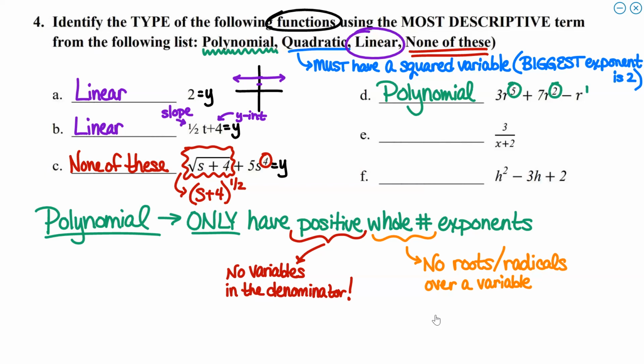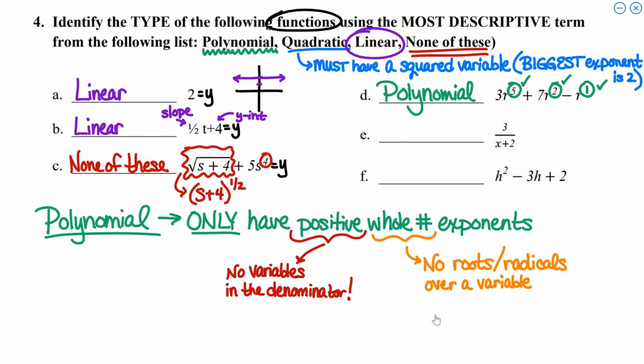Even this r on the end, technically it has an exponent of 1, even though I don't see it there. So all of those are positive whole numbers. Why can't I call it a quadratic then? Yeah, the biggest exponent is a 5. The biggest exponent is only allowed to be a what to be quadratic? Has to be a 2 to be quadratic.